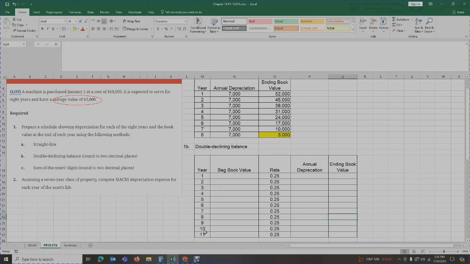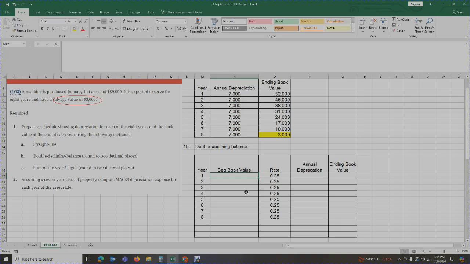So your beginning book value will be the cost, because when we are doing the double declining balance, we don't take into account the salvage value at the beginning. We take it into account at the end.